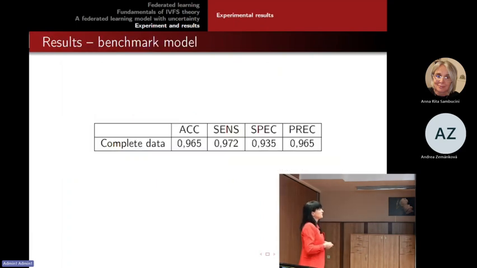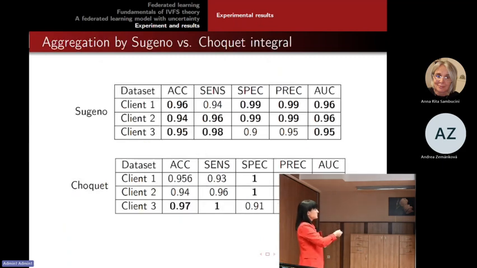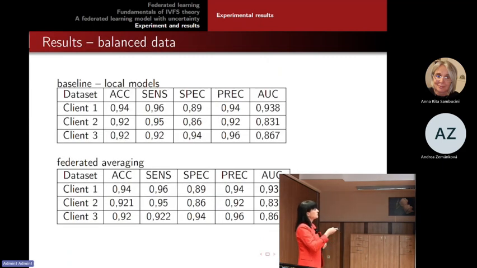In the benchmark model, we see that our data have the following effectiveness. For accuracy, for example, we have a very high level. And what we see for the second and third scenarios, for local models, we study firstly only balanced data.